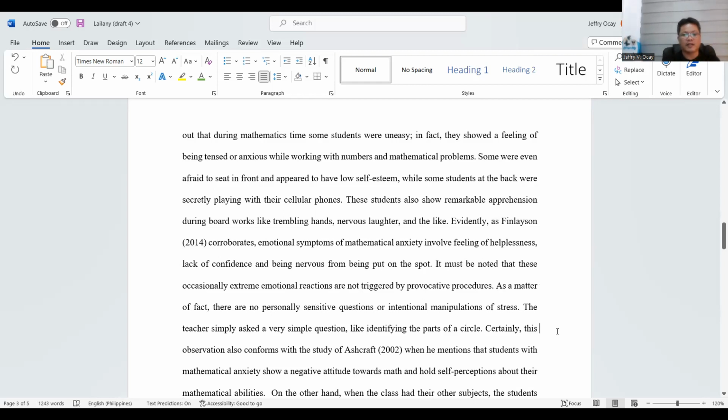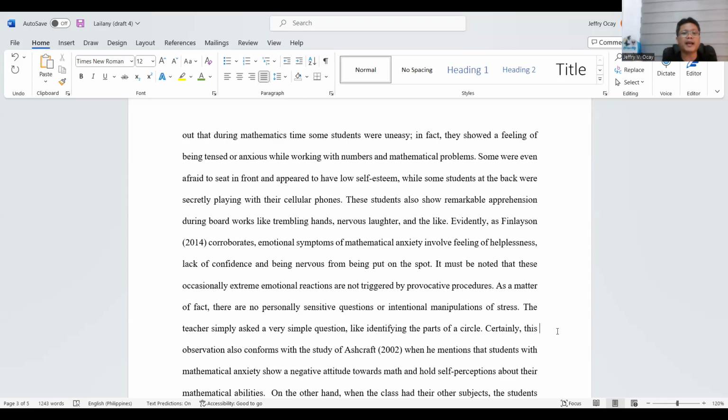So, let me continue. Evidently, as Finlayson corroborates, emotional symptoms of mathematical anxiety involve feelings of helplessness, lack of confidence, and being nervous from being put on the spot. It must be noted that these occasionally extreme emotional reactions are not triggered by provocative procedures. As a matter of fact, there are no personally sensitive questions or intentional manipulations of stress.